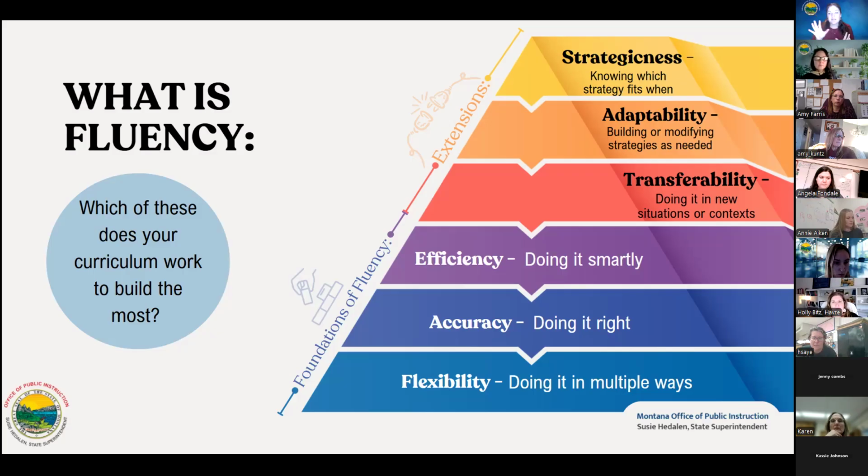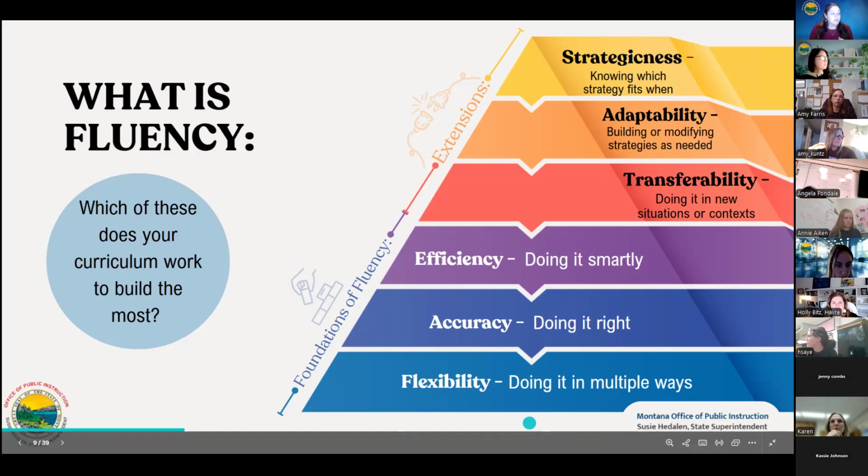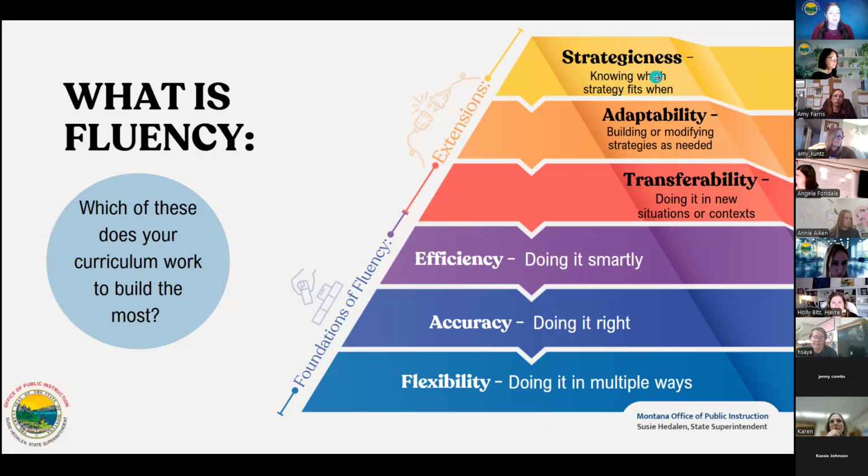And then we have these extensions or expansions of fluency where they are asked to transfer that skill, adapt, and strategize. Which it sounds like from the feedback in the chat, these top three tiers are where it's maybe the hardest for students.